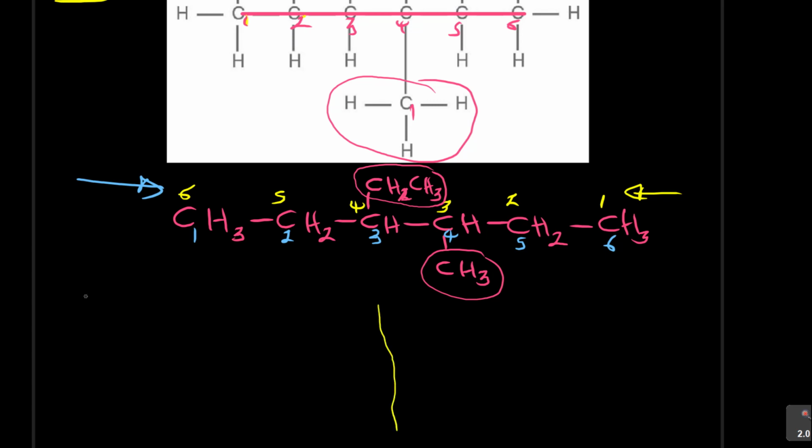Let's start with the one from left to right. What name are we coming up with? So we can say that in carbon number 4, remember we said these are the branches. We call this the ethyl, and we call this the methyl.